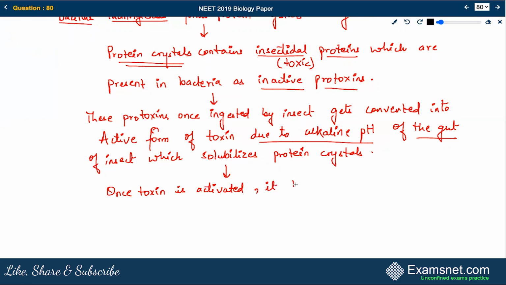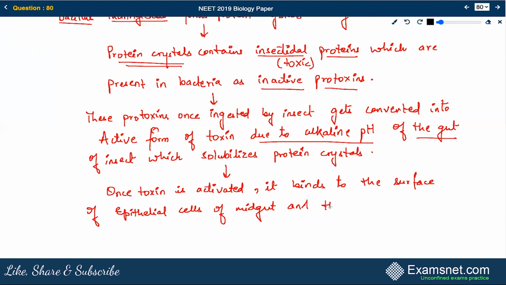It binds to the surface of the epithelial cells of the midgut and thereby creates pores in the cells.